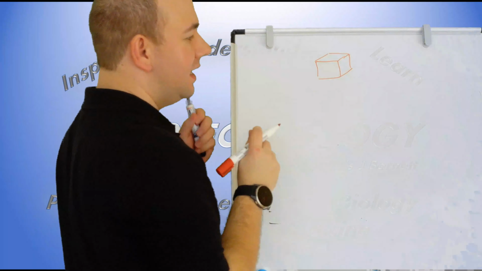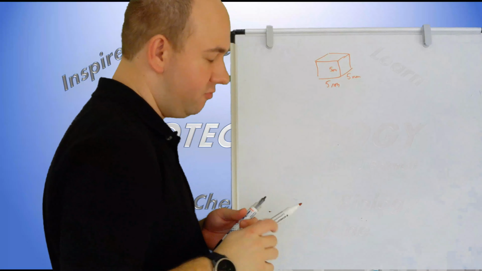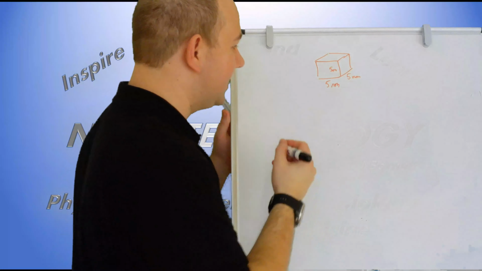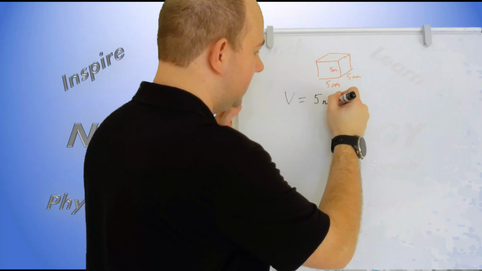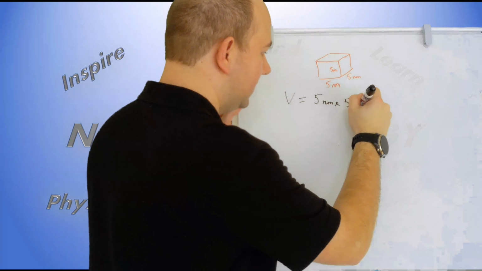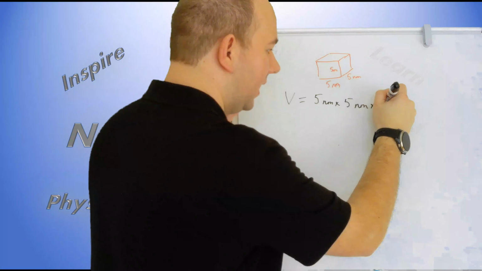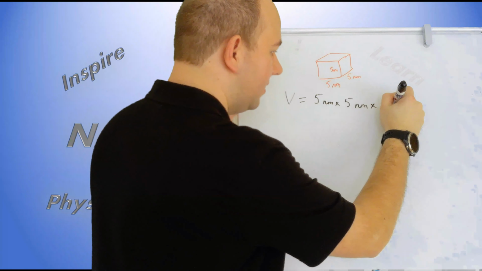So when we're calculating the volume, we have to times these three values together. So let's give volume the symbol V, and we could do 5 nanometers multiplied by 5 nanometers multiplied by 5 nanometers, and therefore your volume is equal to 5 times 5, which is 25, times another 5, which is 125 nanometers cubed.